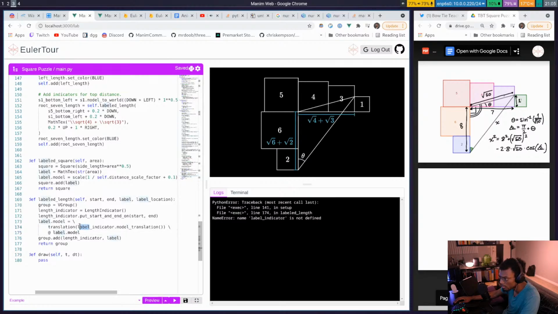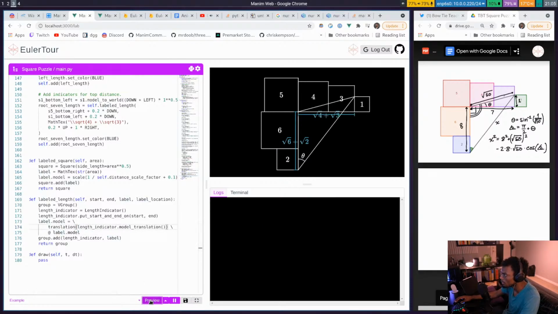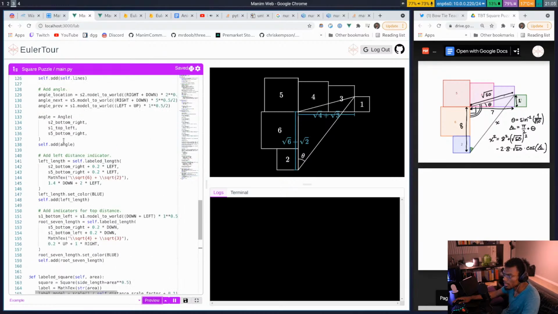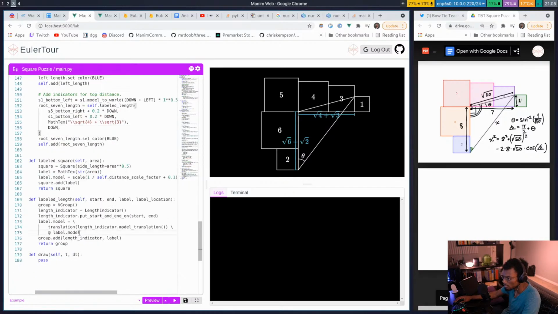Length indicator. Great, now it's offset from the center. Well, it's not offset. But this one will just be like left, I think. Maybe. And this one will just be down. And then this can be label offset plus this.